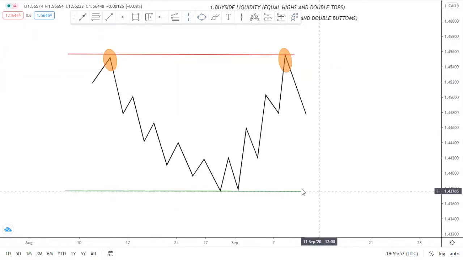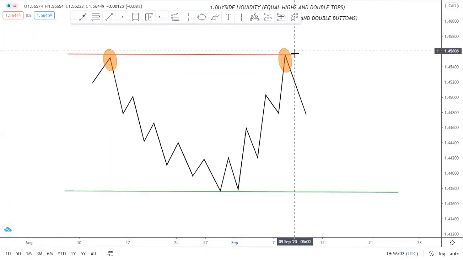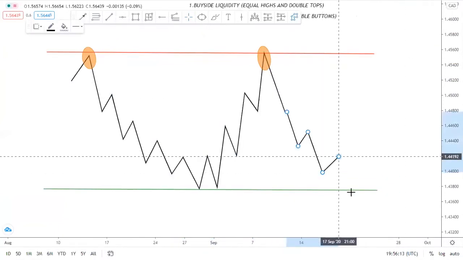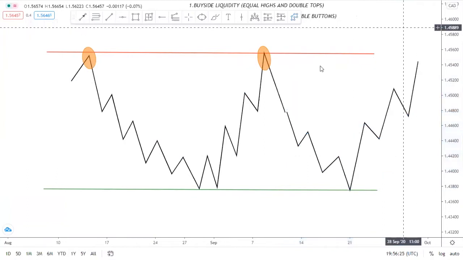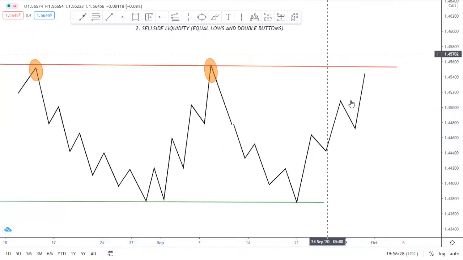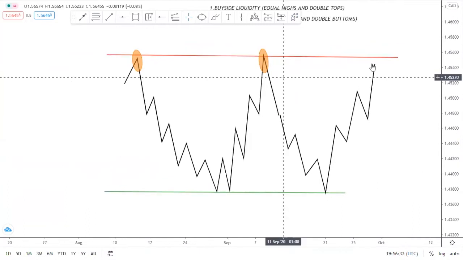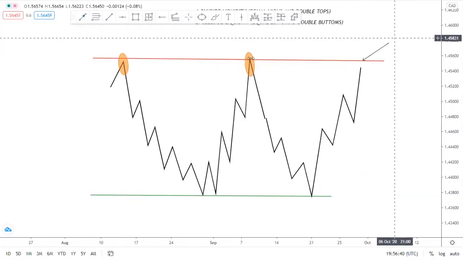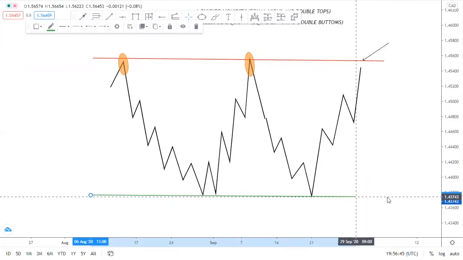So now let me continue my illustration and explain something to you. So let me extend this support line and extend this resistance line as well. The market keeps coming down, comes to find support here once again, continues going up. Now, once it gets back to this level, the conventional knowledge out there is you should be looking to sell here, because this is a top, and you know that tops are resistance or highs.